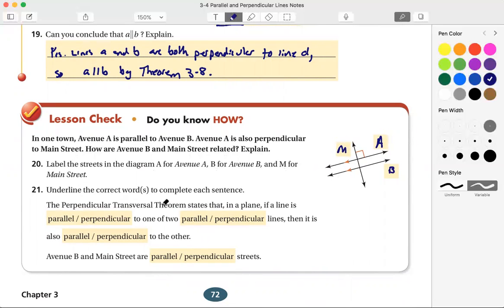The perpendicular transversal theorem states that in a plane, if a line is perpendicular to one of two parallel lines, then it is also perpendicular to the other. So Avenue B and Main Street are perpendicular streets. So I can actually put in a symbol here.